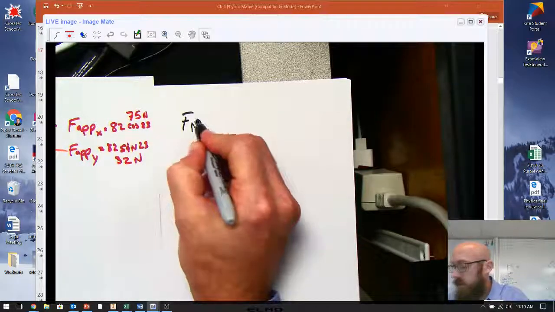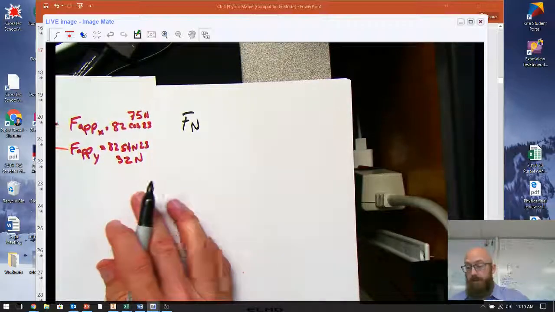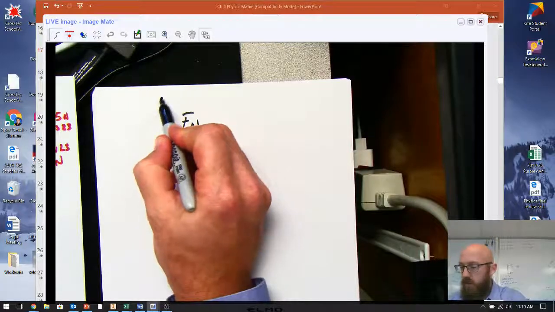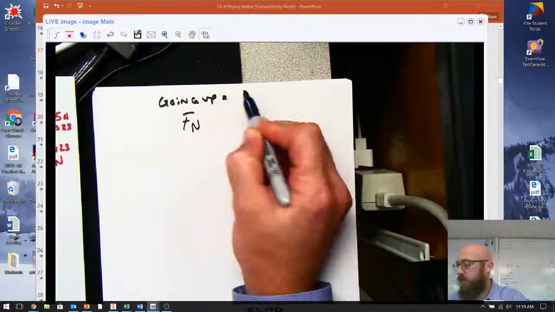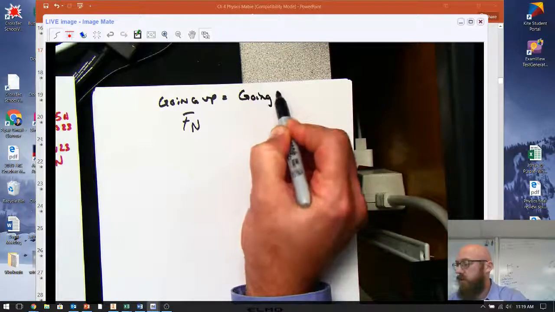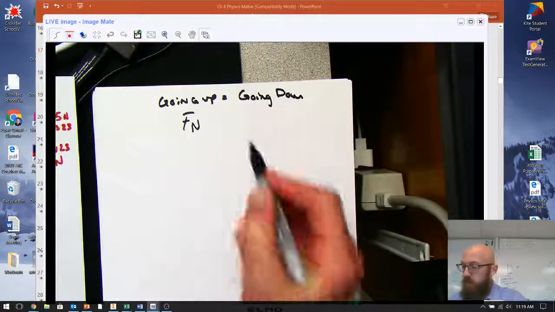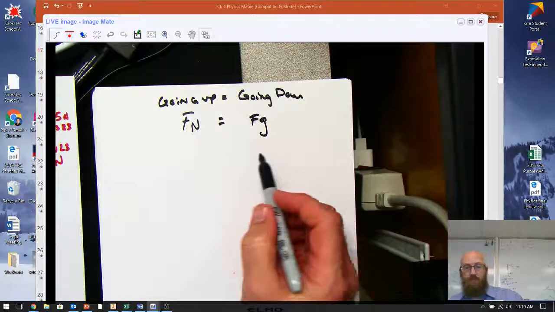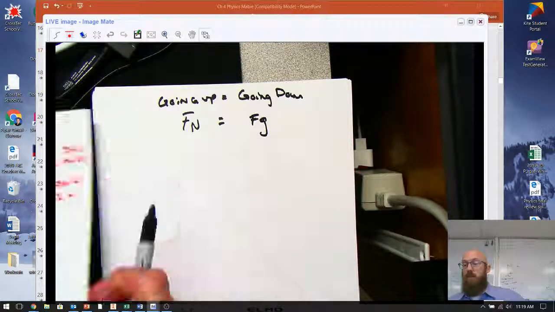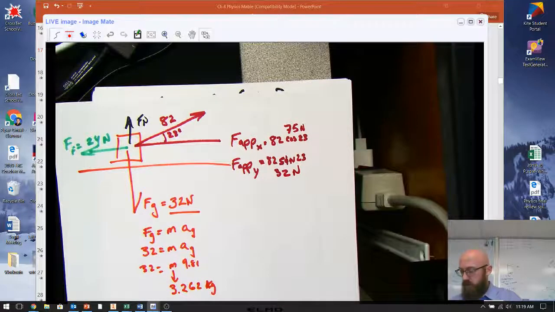F of N, actually here, to simplify, going up equals going down. The only forces going up normally are F of G and F of N. But we've got this funny thing over here.